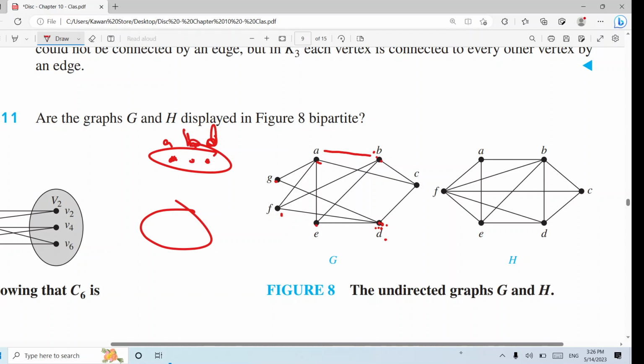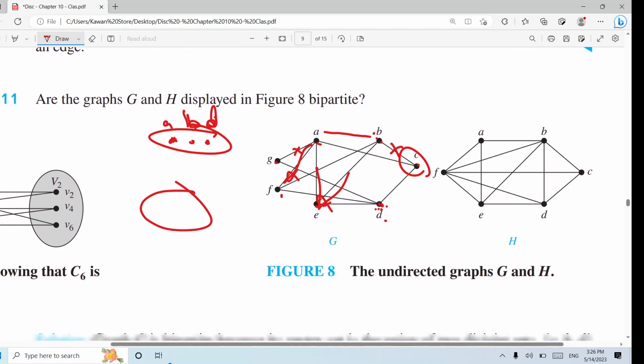Now I'm going to check C. C can be here? No. You have a relation with B. G? No. F? No. E? Of course, no. So A, B, D, right? That's it. Did you understand what I do? Good. So my group will be like that and the other will be like that.